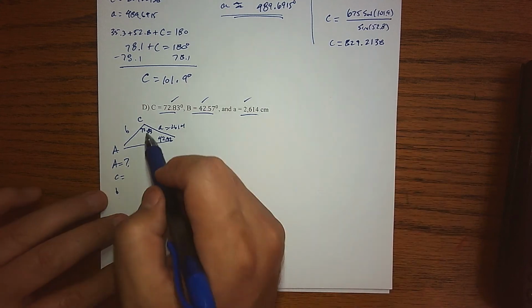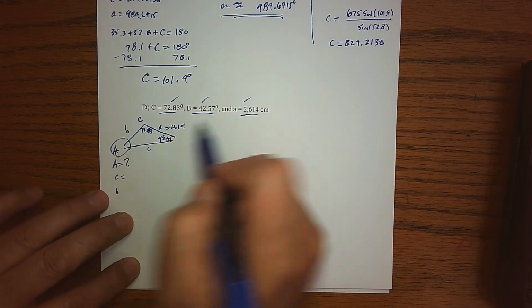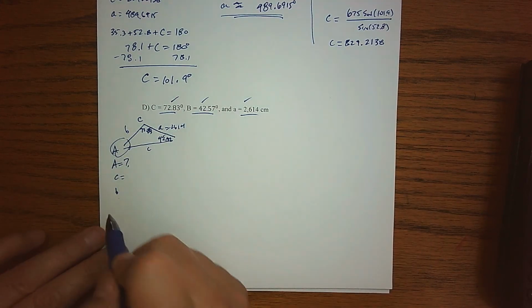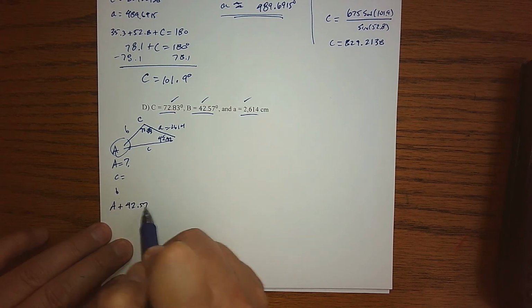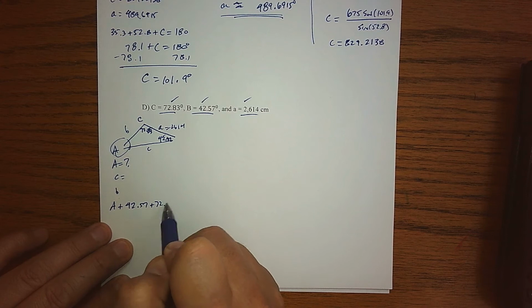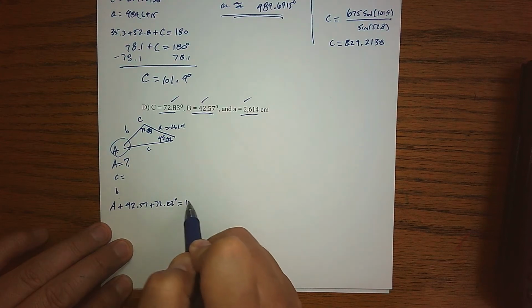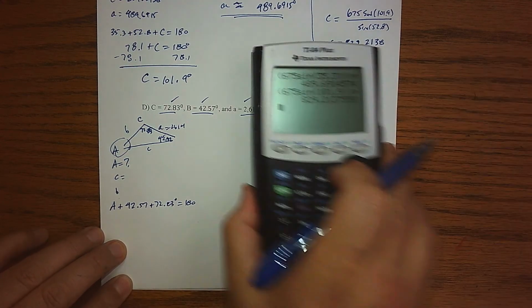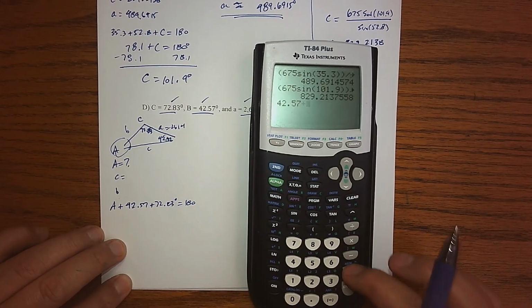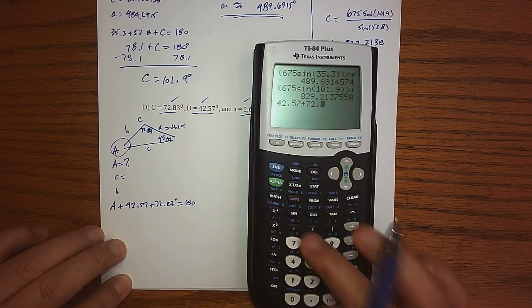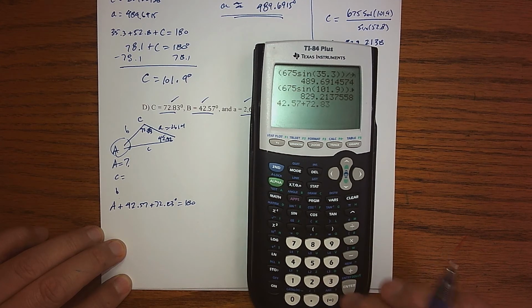Again, because I have two of my angles, finding angle A is the easiest thing to do. A plus 42.57 plus 72.83 equals 180 degrees. So I'll reach to a calculator. 42.57 plus 72.83 gives us 115.4.